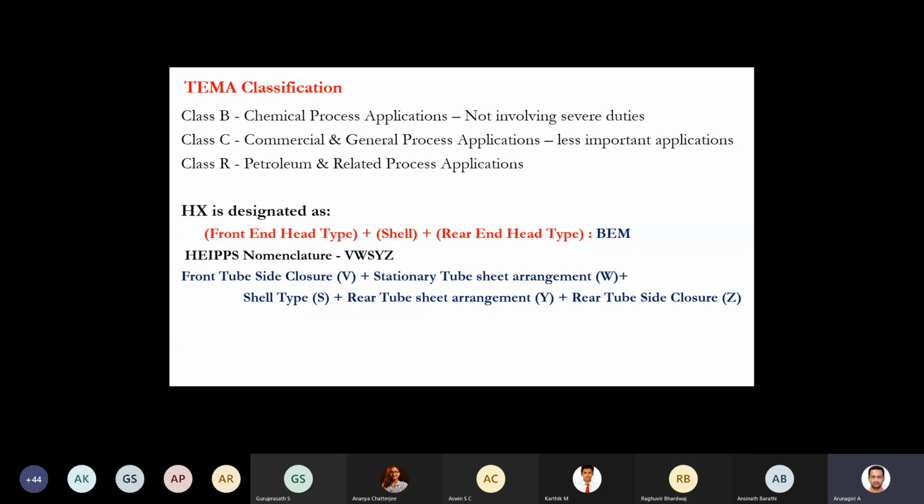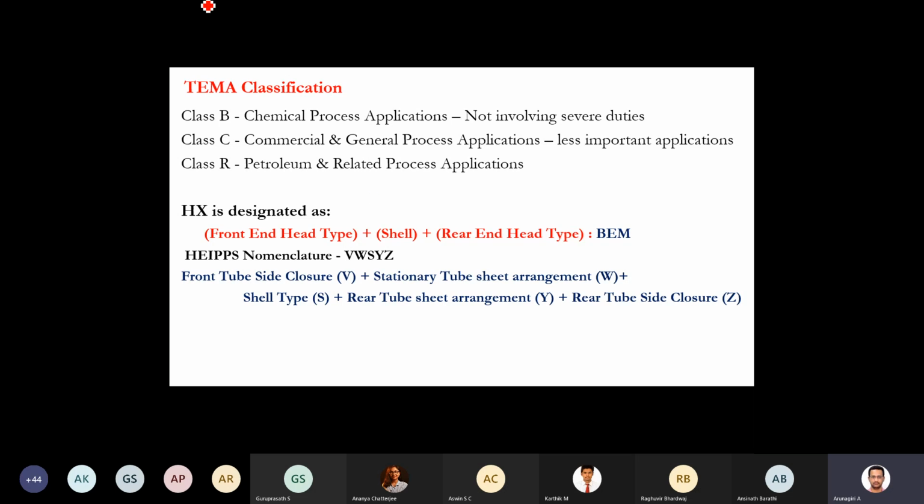Then class C is for commercial and general process applications, very less important applications like preheaters, water heaters. Another one is class R, for petroleum and related process applications, or severe duties.